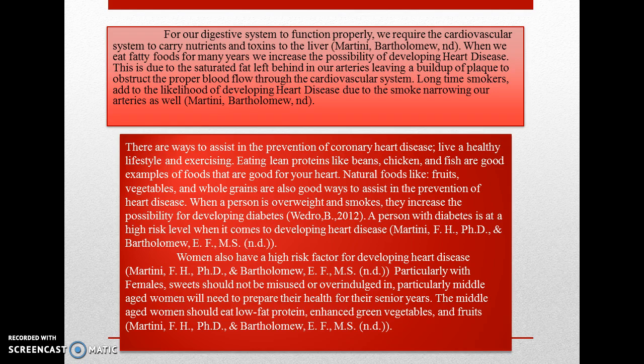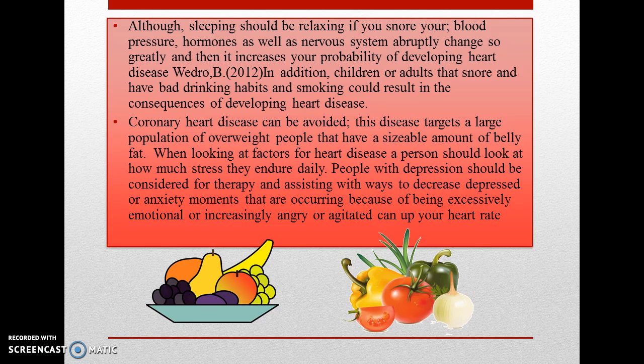In our mid-age, if we misuse or overindulge in particular sweets, it is going to increase the likelihood of heart disease in our older years. In the middle-aged, women should eat low-fat, protein-enhanced green vegetables and fruits.